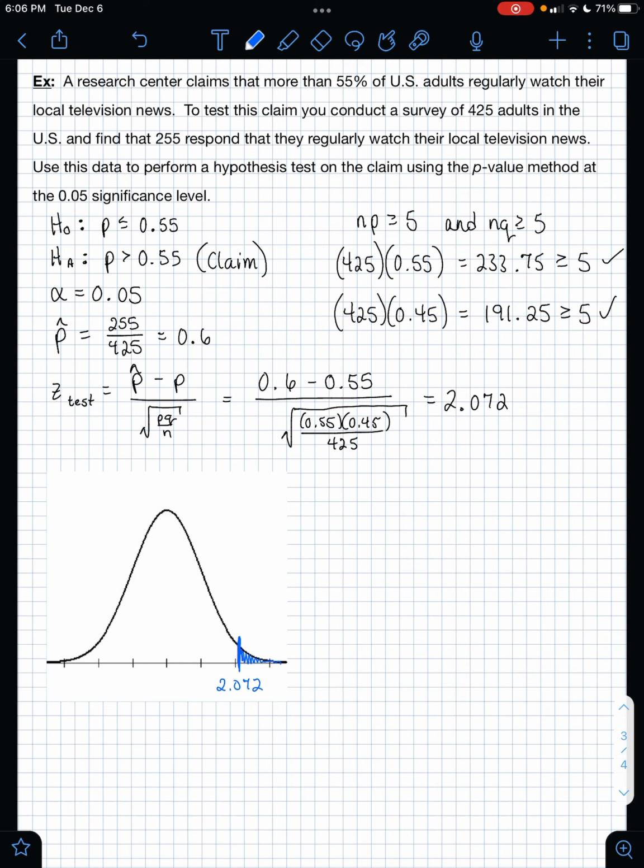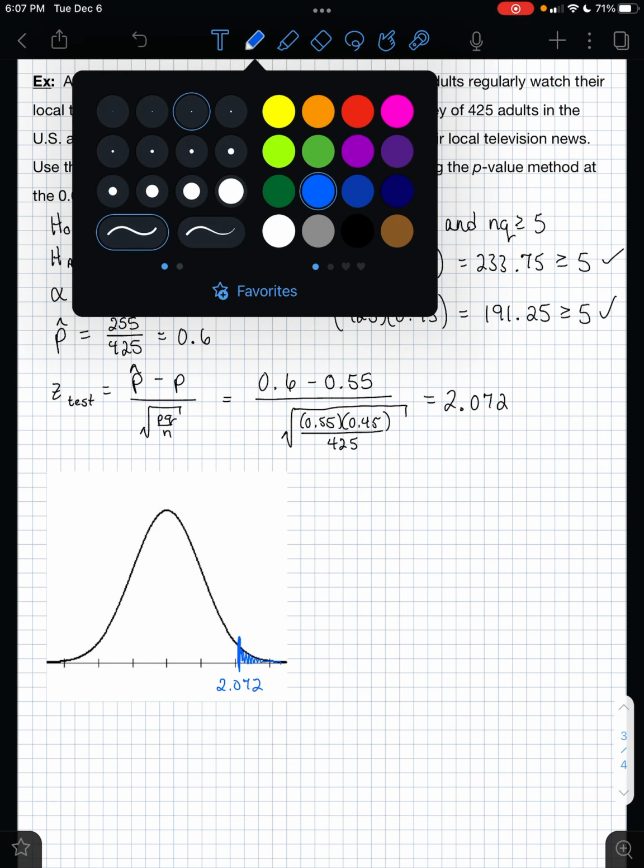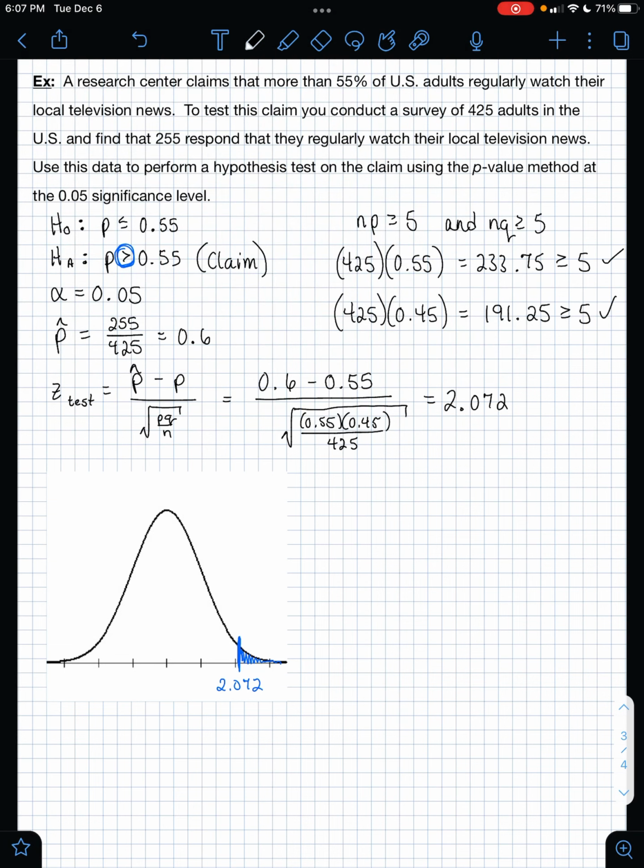Now, I would like to point out, we know this is going to be a right tail test because of the symbol in our alternative hypothesis. It is a greater than symbol in the alternative hypothesis, and that tells us a right tail test. So what we need now is to find the probability that we might find a more extreme result than what we have.